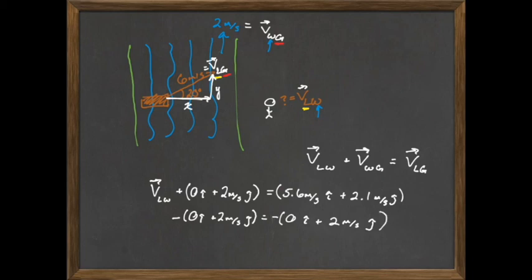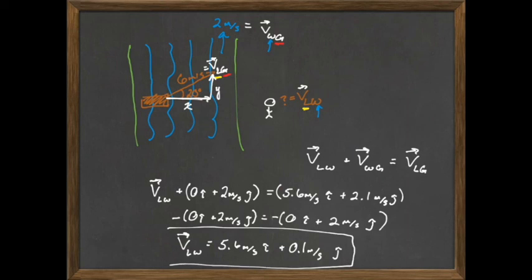And so when we do that, we see that the velocity of the log in the water, if I subtract down the x's, 5.6 minus 0 is 5.6 meters per second in the x direction, and in the y direction it's about 0.1 meters per second. And so there is the velocity of the log in the water. And we could go the next step with what is the speed and direction, but that's repeating a step. You know how to do that.